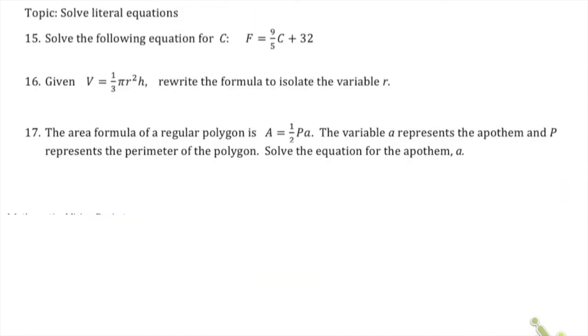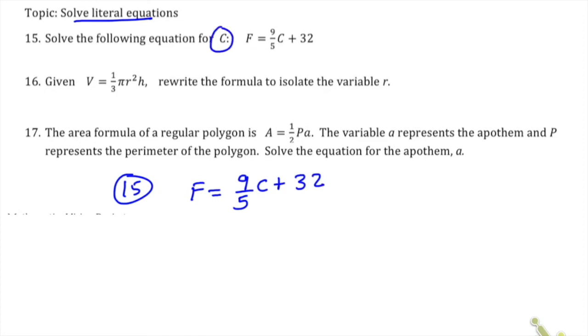So here we have to solve the literal equation. You have to solve it for some variable. Suppose I'm taking question number 15, just one random problem: f equals 9/5 c plus 32, and I have to solve it for c. I need to isolate the variable, so I subtract 32 on both sides, and I get f minus 32 is 9/5 c.